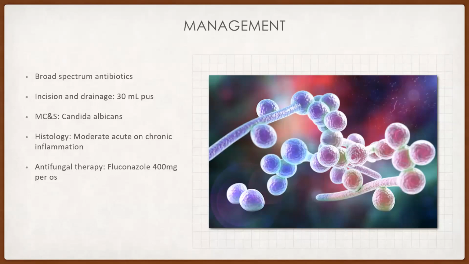Specimens were again sent off for MCNS and were cultured, and Candida albicans was cultured, which was sensitive to fluconazole. Histology from the abscess wall and parotid gland revealed a moderate acute on chronic inflammation with no evidence of malignancy or granulomatous inflammation.